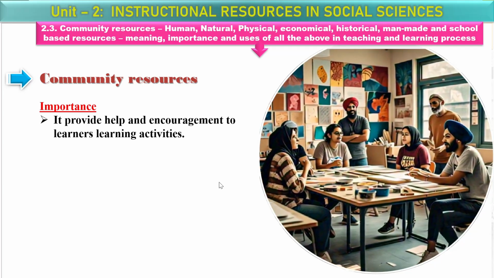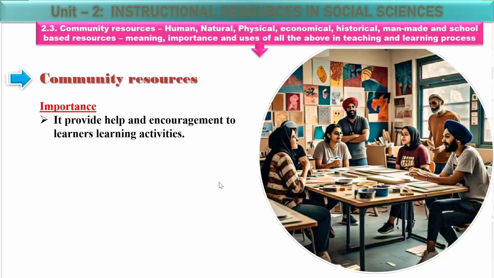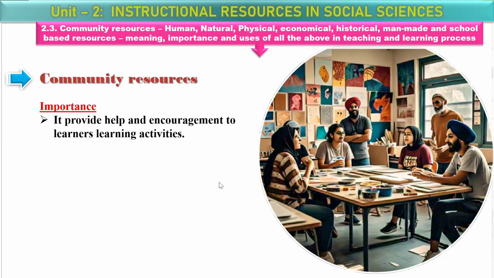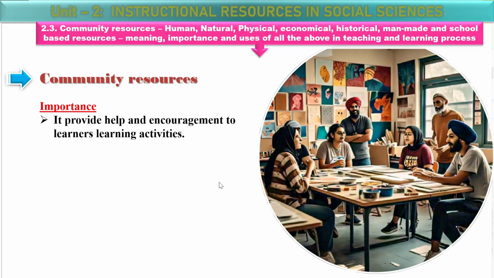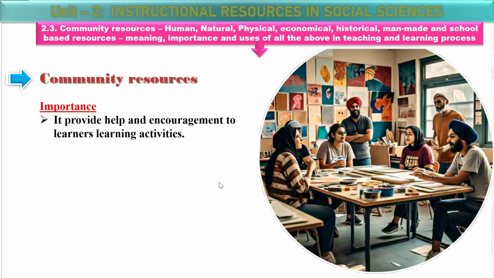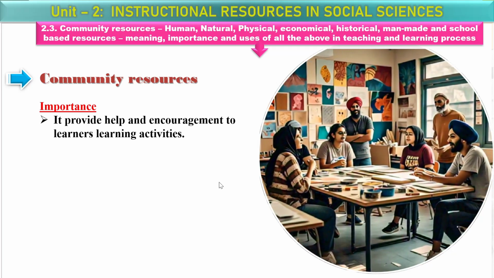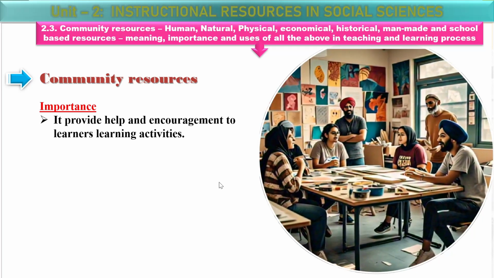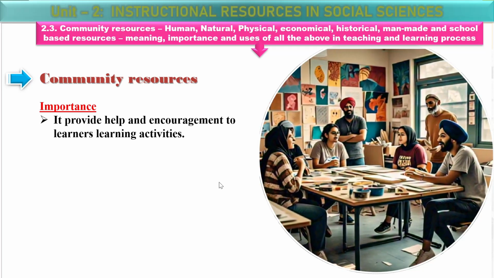It provides help and encouragement to learners' learning activities. One example we can take here: we can take help of our own parents if they are skilled in a particular subject or field. They might be a chef or they might be running a business. We can call them as a resource person to our school to give a seminar.